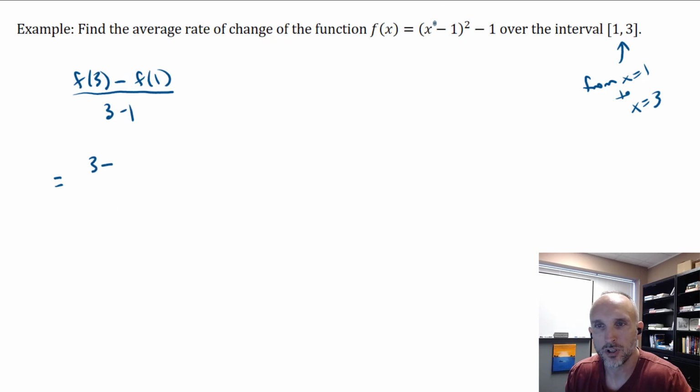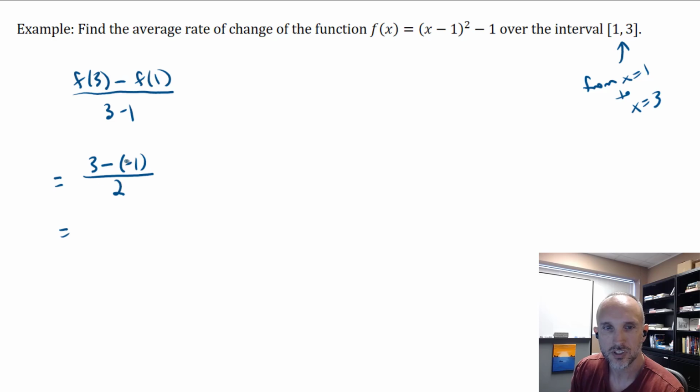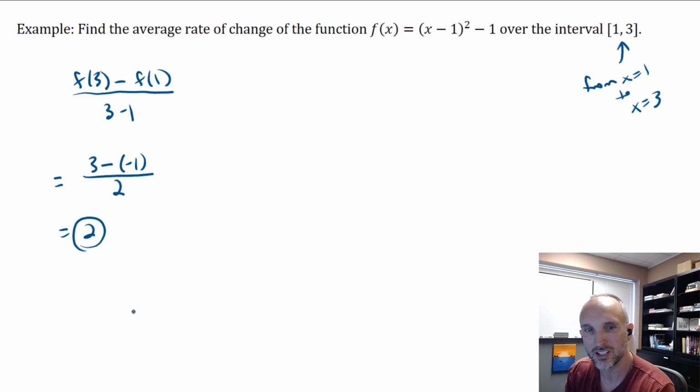F of 1, we plug 1 in for x, 1 minus 1 is 0, squared is 0, minus 1 is -1. And then on the bottom, 3 minus 1 is 2. So we just get 4 over 2, which is an average rate of change of 2. So this means the function is increasing 2 units on average for every 1 unit increase in the x direction. That is average rate of change.